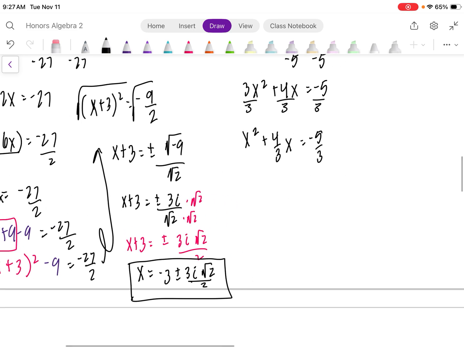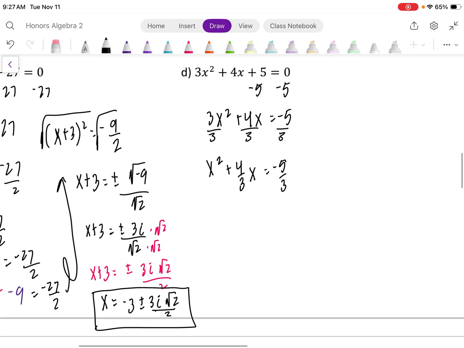So take half of b and square it. So we have 4/3 divided by 2 and square that. So that's going to be 4/9. Use your calculator.